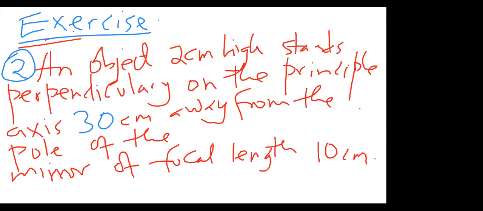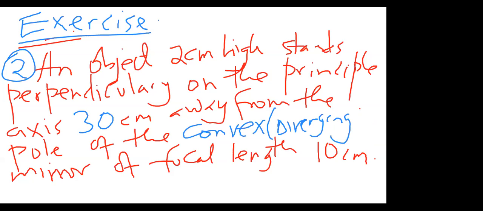And I wrote it there, convex. So first we're repeating the question. Once you've finished copying, then that will be my number 3 and that will be the end of the lesson.